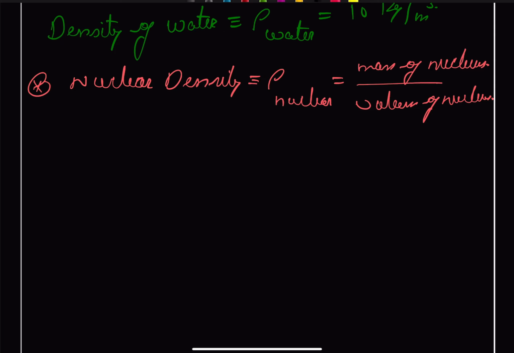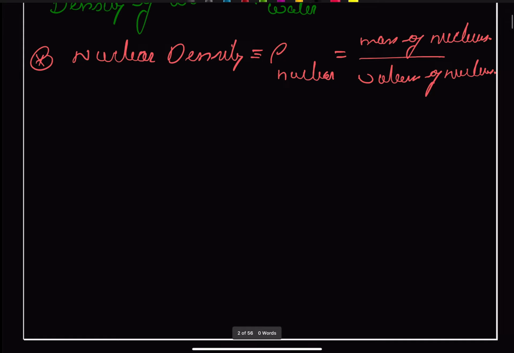And if we assume that the nucleus is having a mass number A, from there we can find out the total mass.